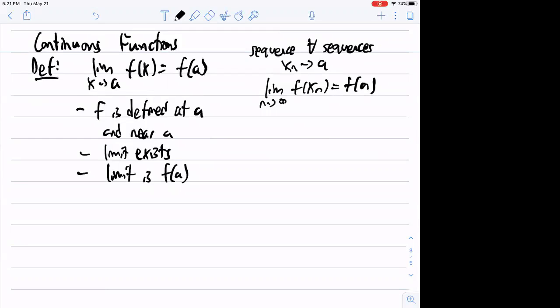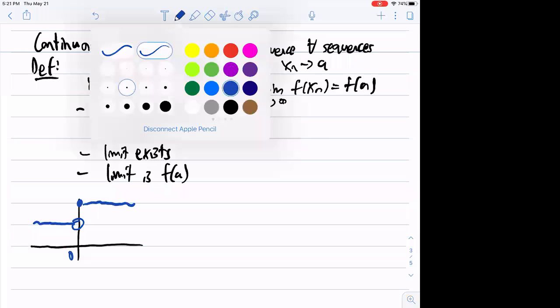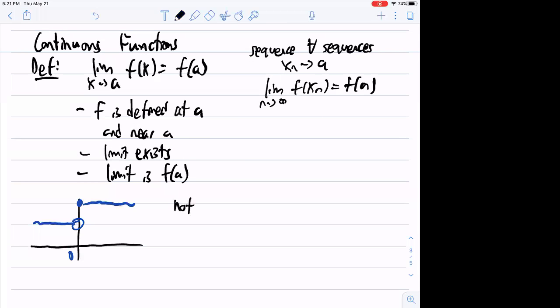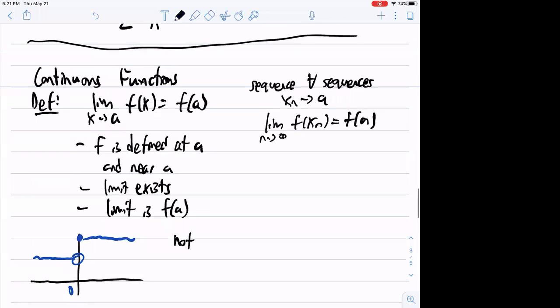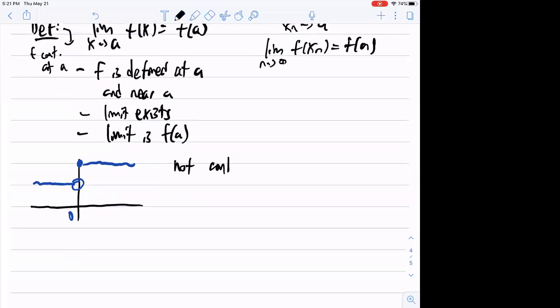So can anyone give me an example? Here would be an example, right? If I have a function given like this, voila. Let's say this is 0. This is not continuous at 0, right? So let me write, this is the definition for f continuous at the point a. So not continuous at 0. Why is that?